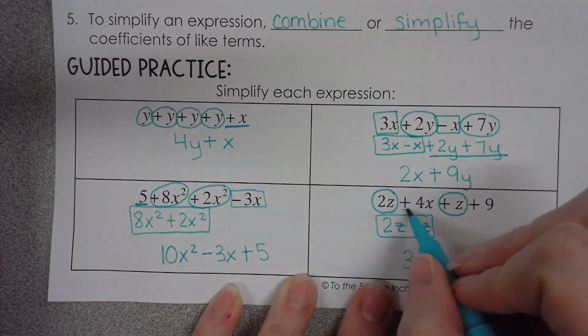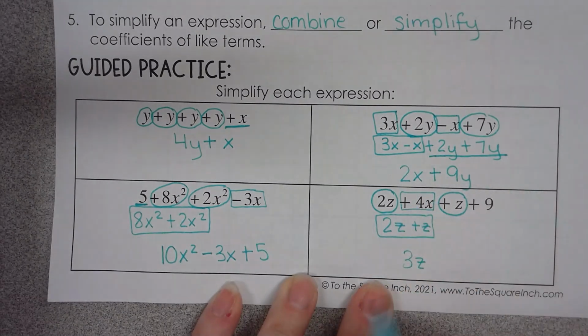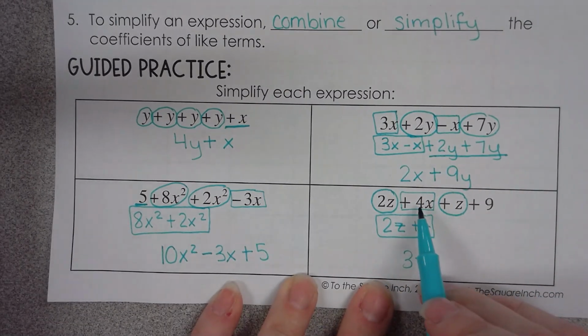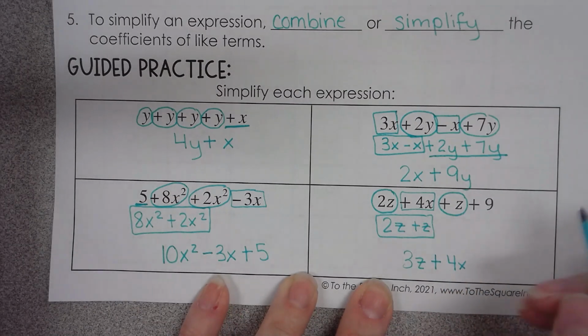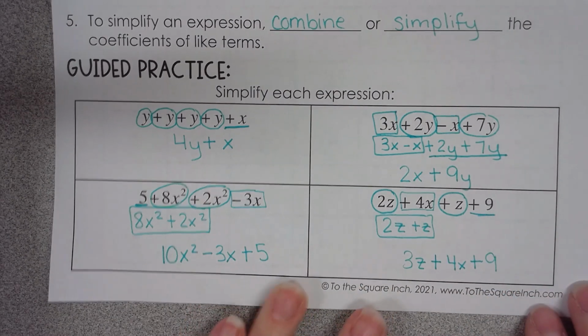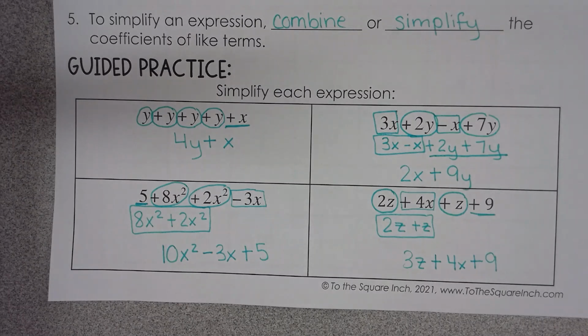Then I have a 4x squared, or whoa, not a 4x squared, just a 4x. There's no other x term, so I would write plus 4x. And then I have one constant of plus 9. So the simplified expression is 3z plus 4x plus 9.